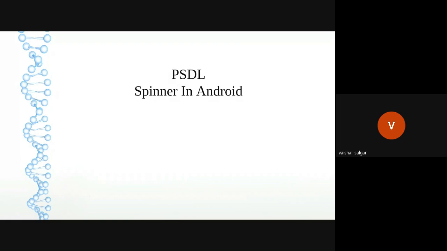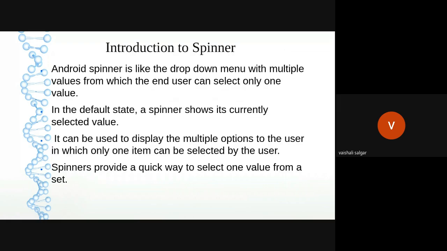So, the Android Spinner is like a drop-down menu with multiple values from which the user can select only one value. As I mentioned, with the drop-down list we will have a set of values, and from that set, whichever value you want to apply to your text, you select only one.